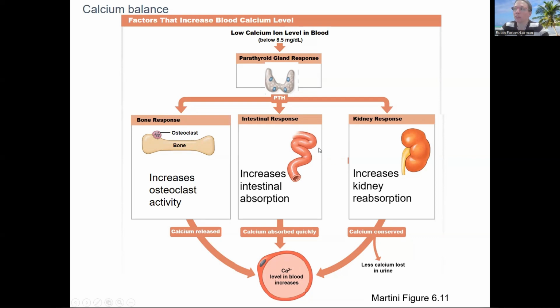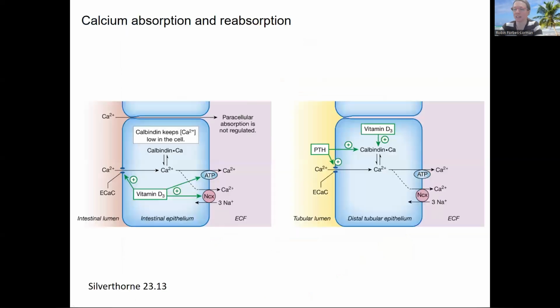We're going to talk about these two. I've got one more figure that shows kind of the molecular happenings with those, the intestine and kidney. So the one on the left, we'll just say the one on the left is the intestine. So check out the labels here, intestinal lumen, where the food is initially, at this point, chyme is going to be. Epithelial cell, and then ECF will go to the blood.